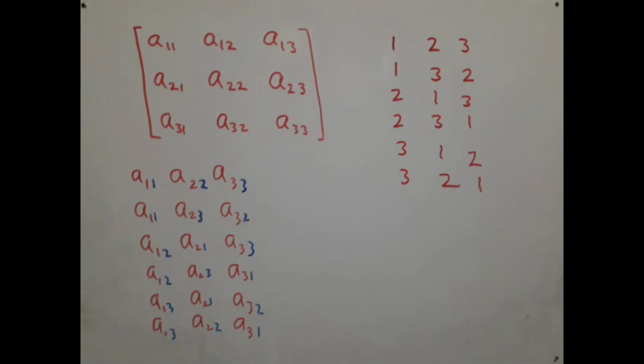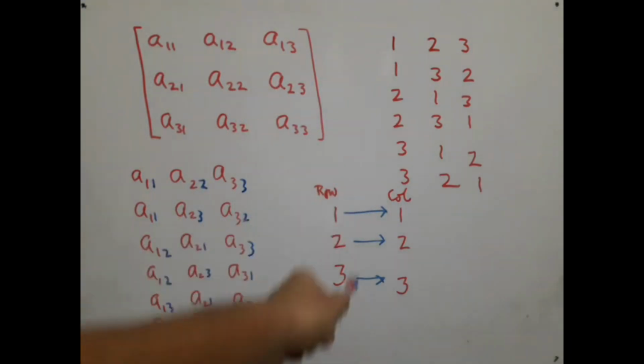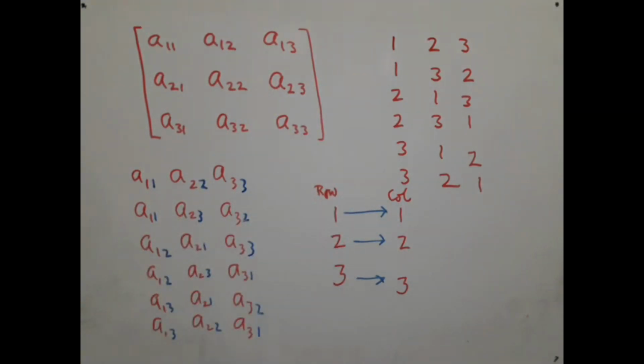Then we have to decide about the signs. In the first case, 1, 2, 3 goes to 1, 2, 3, so there is no crossing. Remember, 0 is an even number, so I will get the sign plus. Similarly for all the other permutations.